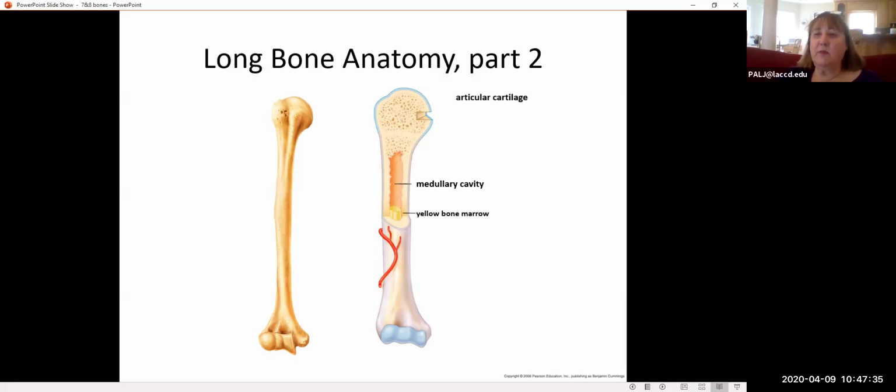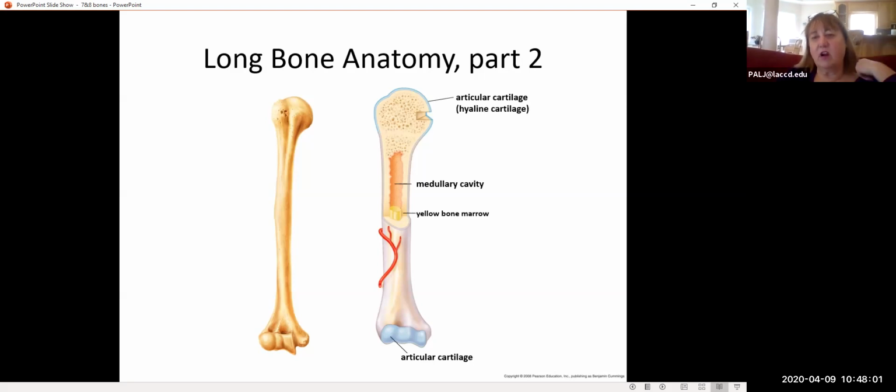On the two epiphyses of the bone, at the areas where there is going to be a joint, we have cartilage, which we call articular cartilage. And as we know from studying cartilage before, this is going to be hyaline cartilage. You can call it either; labeling it articular cartilage just reminds you there is an articulation going on here.